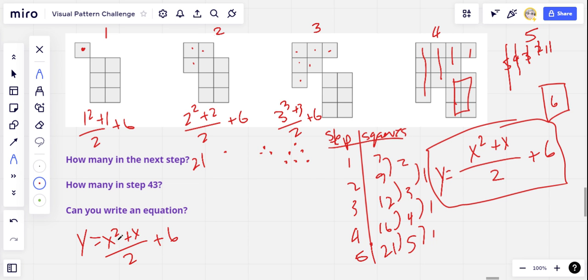So we just need to plug 43 in for x to figure out how many in step 43. So that would be 43 squared plus 43, over 2, and then plus 6.